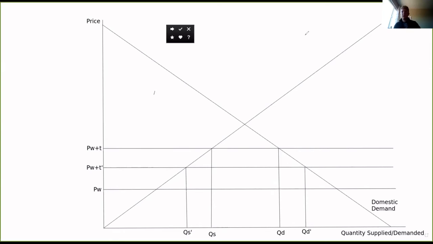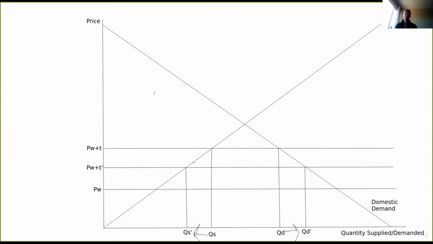The new lower price caused by the reduction in the tariff lets domestic consumers consume more, so the quantity demanded goes from QD to QD prime. Likewise, the reduction in the tariff has resulted in an effectively lower price for domestic producers, and so the amount supplied domestically shifts from QS to QS prime.